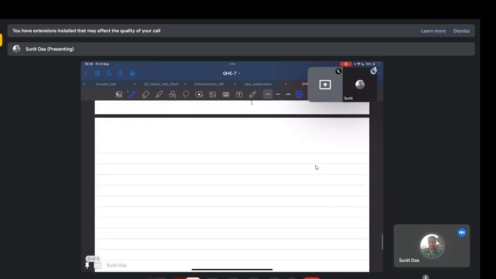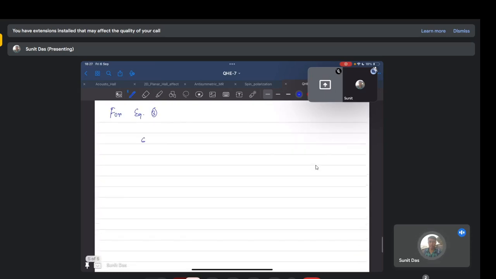For equation 3, any 2 by 2 Hamiltonian of this form, the eigenenergy epsilon, or simply E, is given by h0 of k plus minus the root of hx of k square plus hy of k square plus hz of k square.